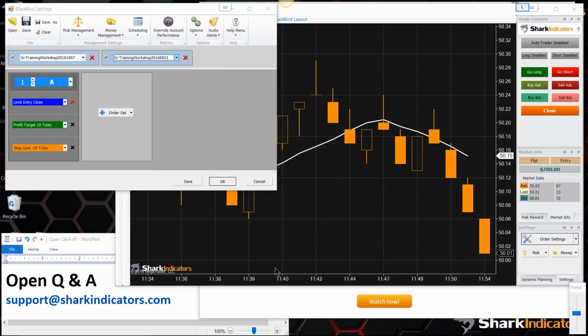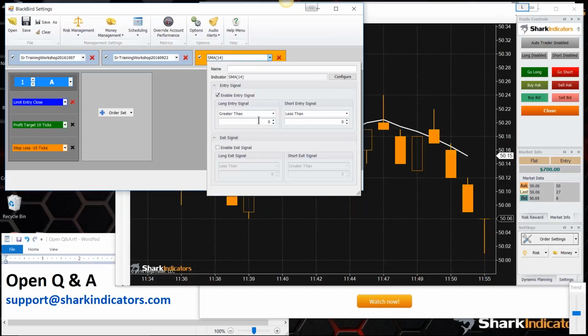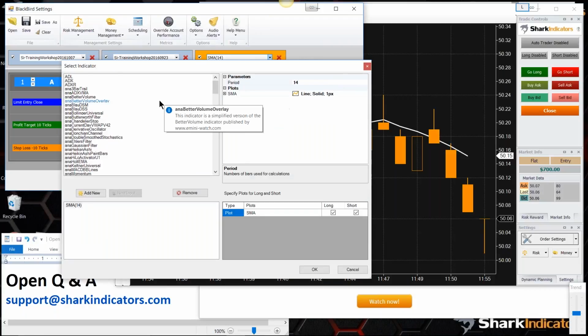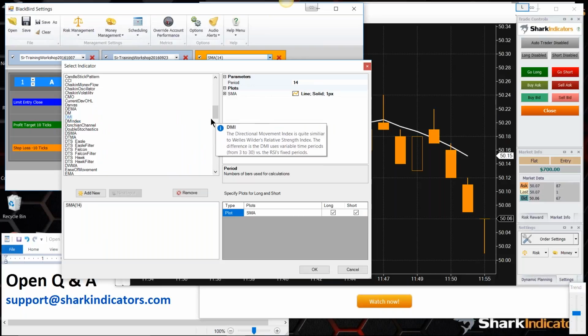And also, depending on your third-party indicator, you may be able to tie it directly into BlackBird. So if your third-party indicator just gives a simple signal, let's see if I have something on here.